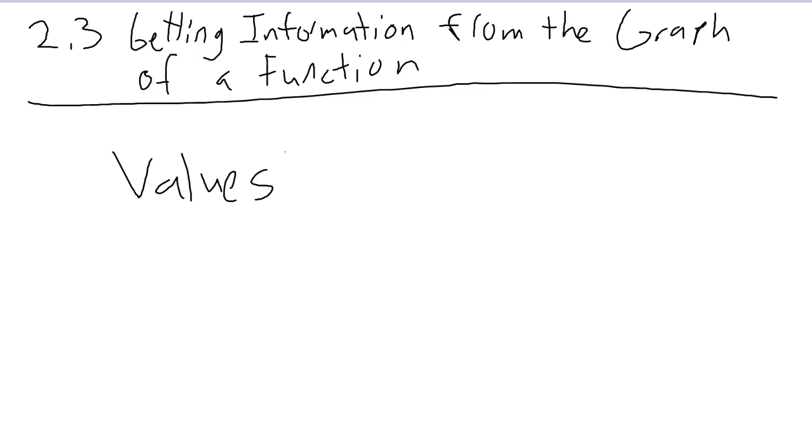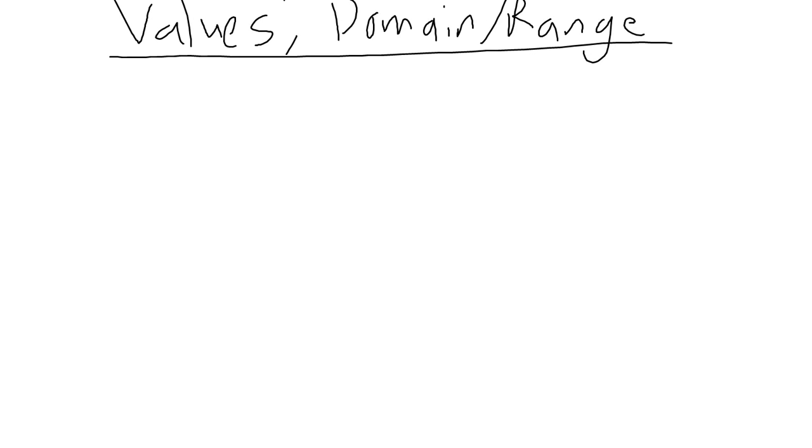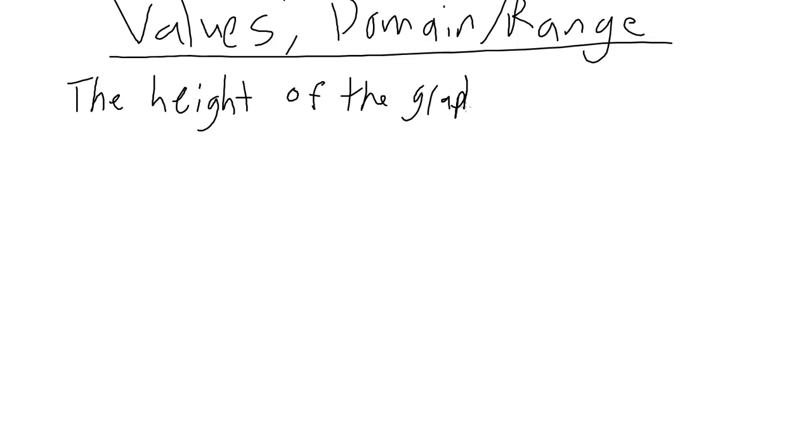So the first thing is about the values and the domain and range of the function. If we have a graph, then the height of the graph at a certain x value is called the value.